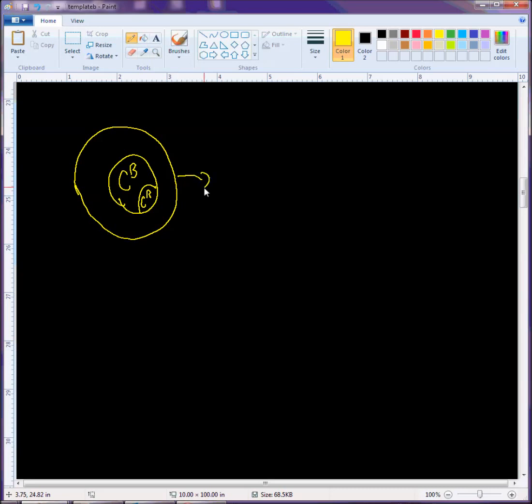So if it's identical to Rainbow, then what we're assuming is that in that donated nucleus, the inactivated X chromosome is going to become activated at some point.